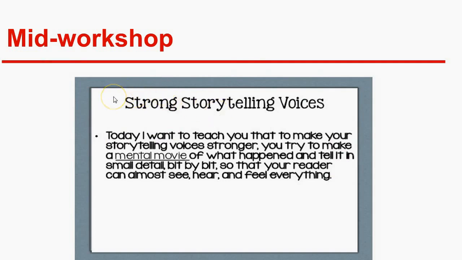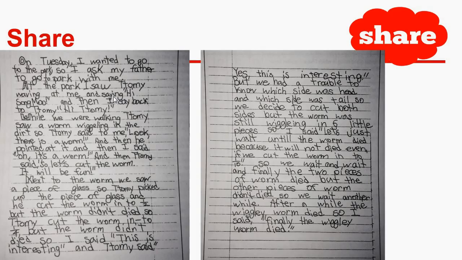We may have an anchor chart, or we might have some tips for the mid-workshop. In the share, there might be some anchor charts there as well, or there just might be an icon indicating what we wish the students to do during that sharing portion.